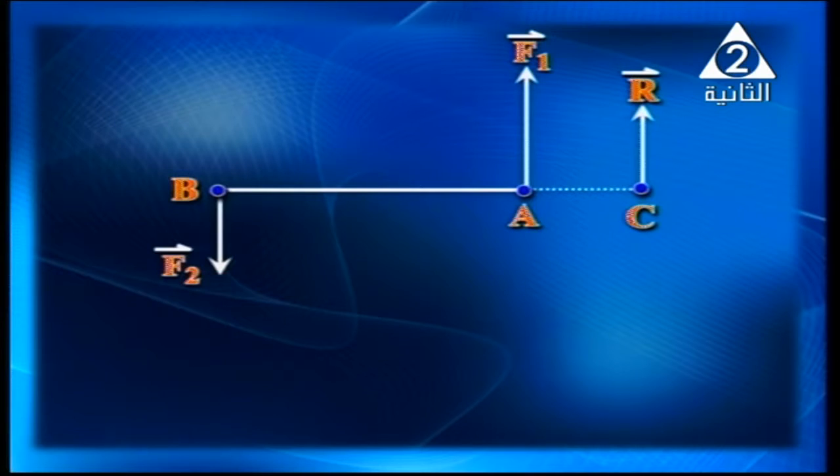In this case, F1 times AC equals what? Excellent student, F2 times BC. Remember, my dear student, AB equals BC minus AC.